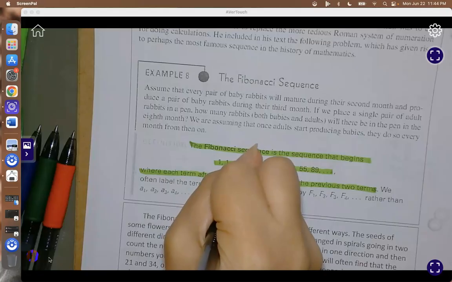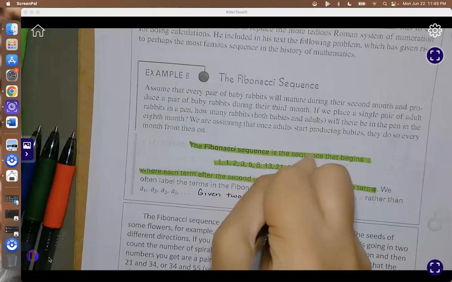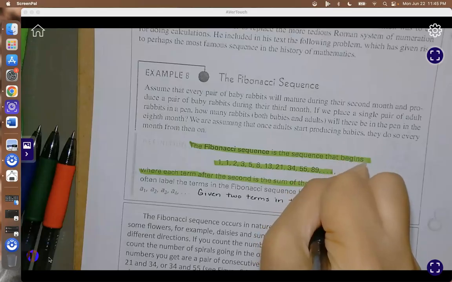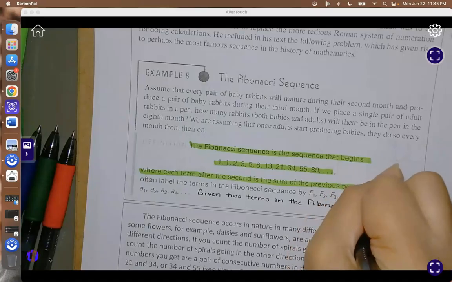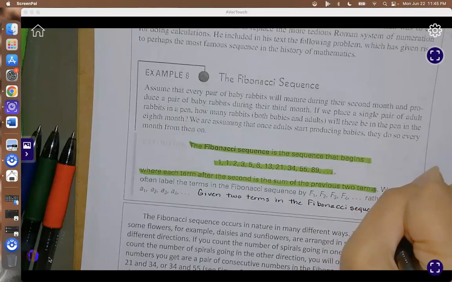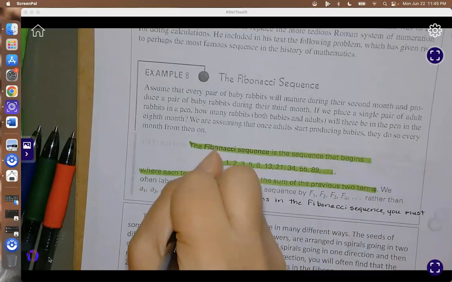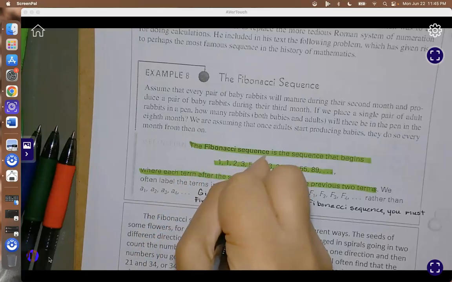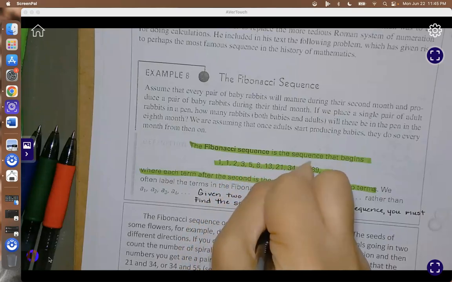is, given 2 terms in the Fibonacci sequence, you must find the specified term.